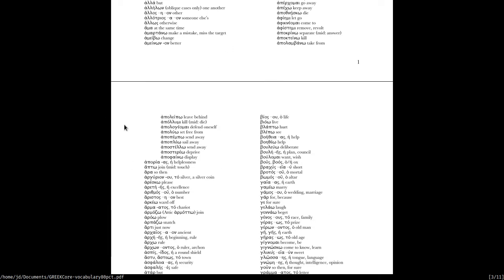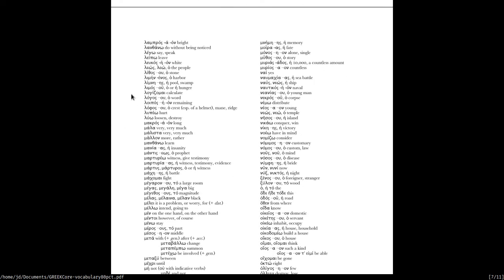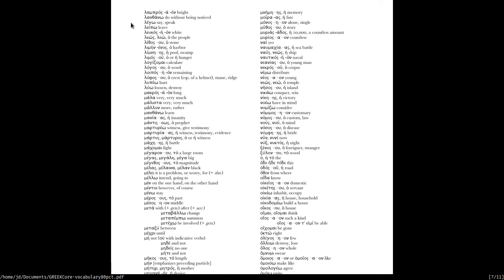And if you just learn this list, you'll have a very good foundation for the study of ancient Greek texts. And people can make vocabulary lists and flashcards out of this, specifically flashcards. That's a way to study vocabulary that I think is very helpful.